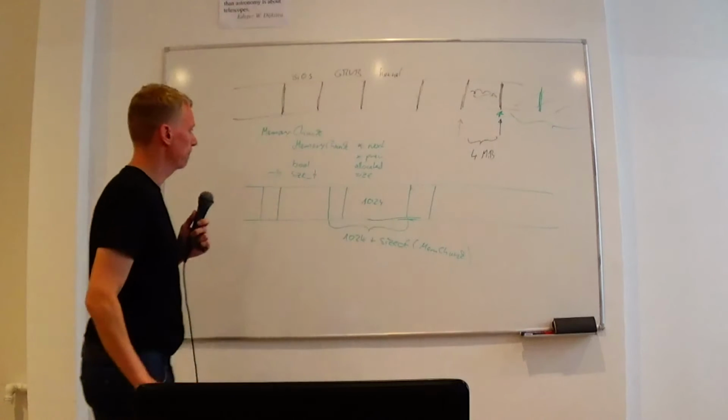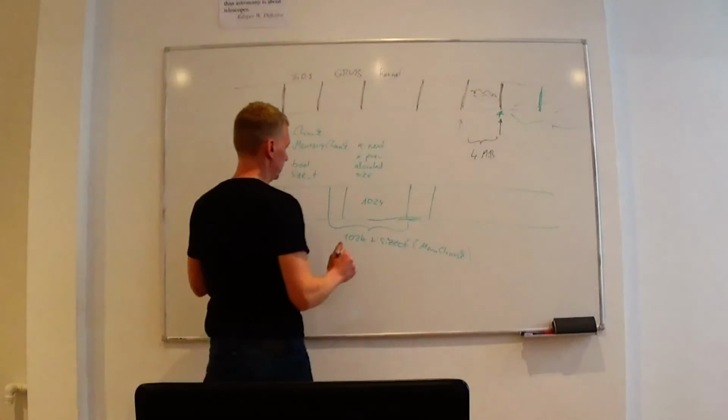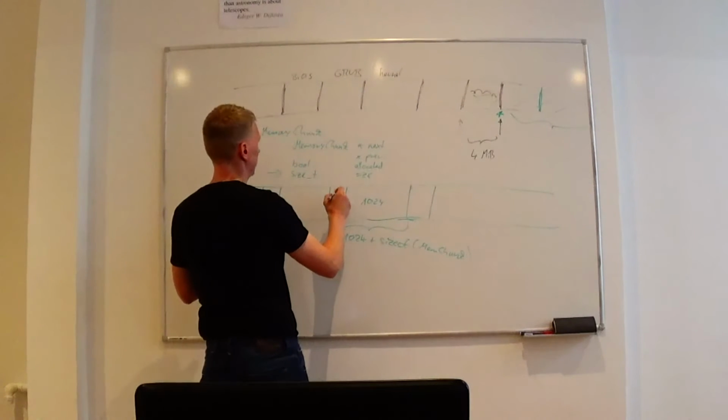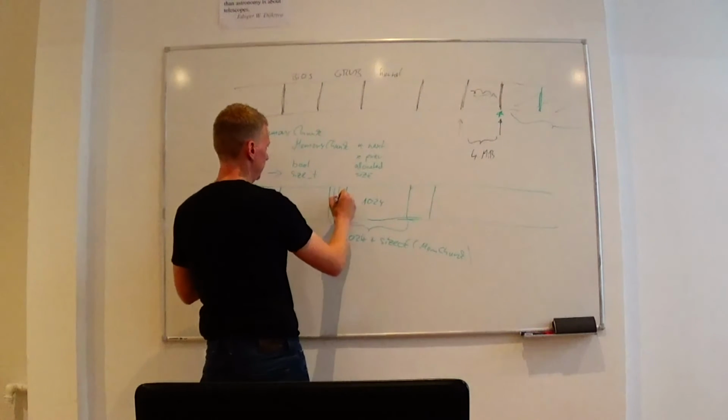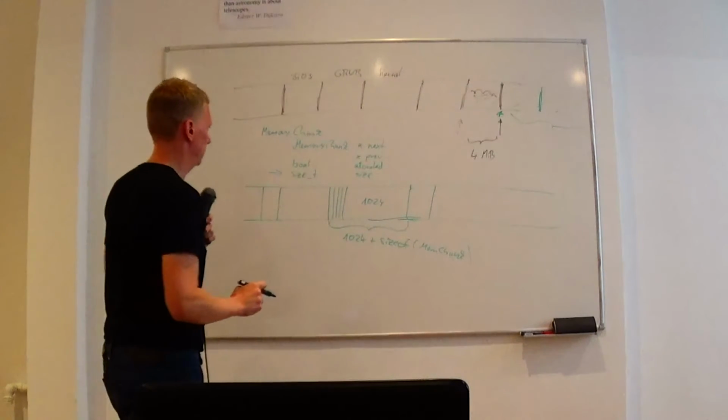Okay? So then we have the next pointer, the previous pointer, the info if it's allocated, and the size.